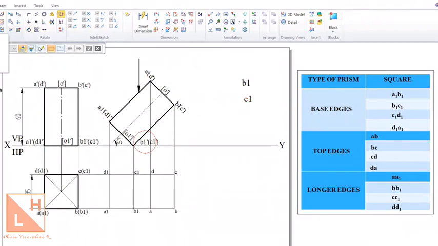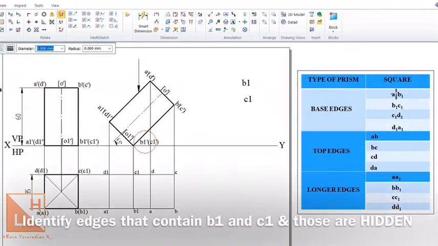The edges that are connected to these 2 points B1 and C1 will be called the hidden edges. So let us just refer to the table, because this table contains all the edges the prism is having. We'll just look into which are the edges that contain the point B1 and C1, and let us mark it for our understanding. So mark the edges which are going to contain either B1 or C1 or both of them.